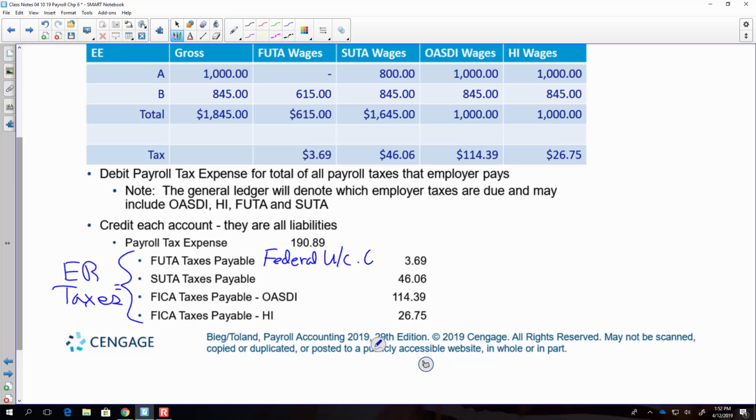And that's always at 0.6%. And the SUTA is the state unemployment, and that percentage varies. So it depends on the employer, what their contribution rate is. That's kind of what we learned in Chapter 5. Well, that is what we learned in Chapter 5.